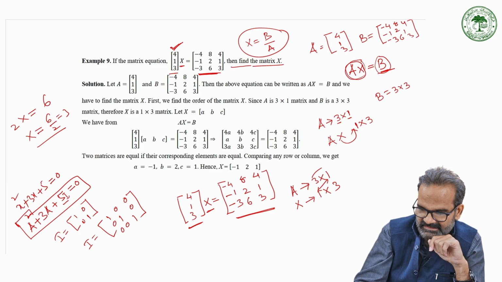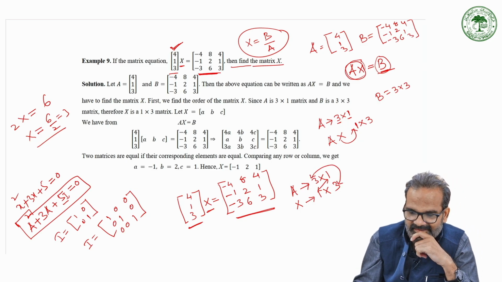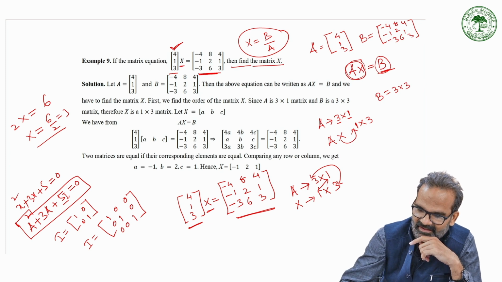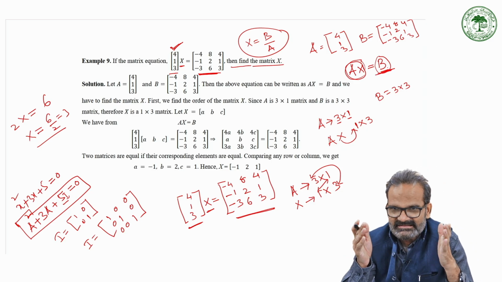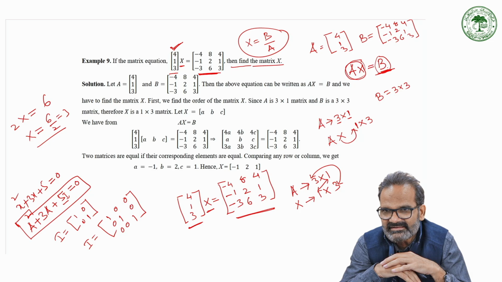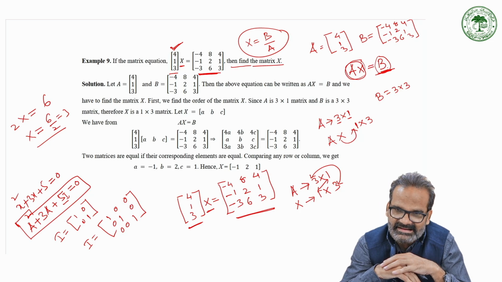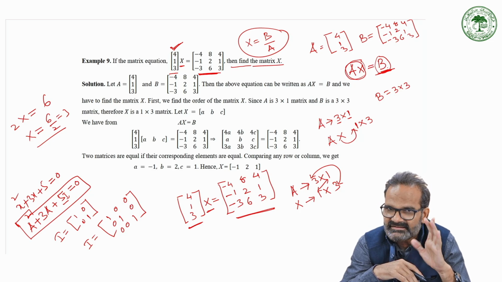And 3 by 3 is the order of the product AX, or AB. So AX will be a matrix of order 3 by 3 and B is also a matrix of order 3 by 3. So we can say that the matrix X must contain 1 row and 3 columns, right?